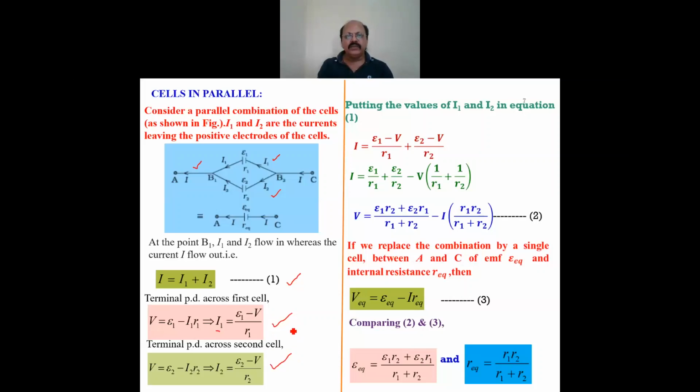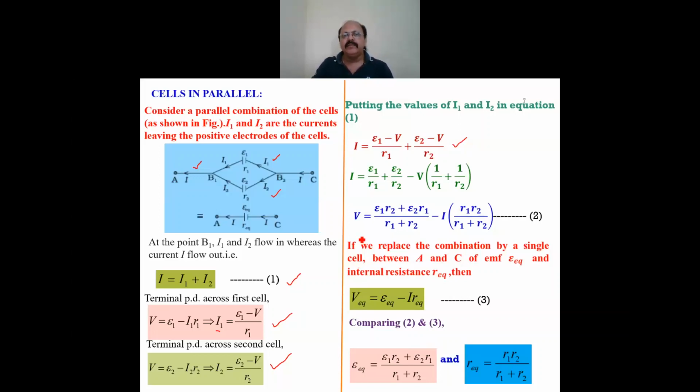Now substitute these values of I1 and I2 in equation number 1. So when you substitute these values, what will you get? I is equal to (E1 minus V) upon R1, that is the value of I1, plus (E2 minus V) upon R2, that is the value of I2. Now rearrange and manipulate.